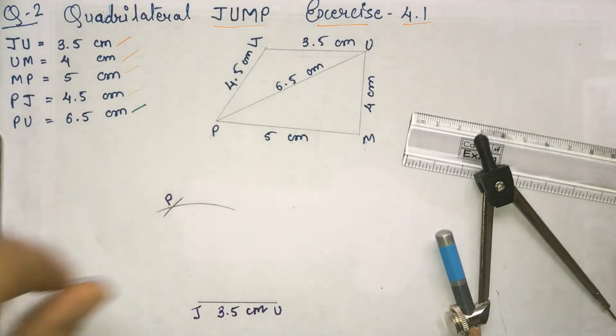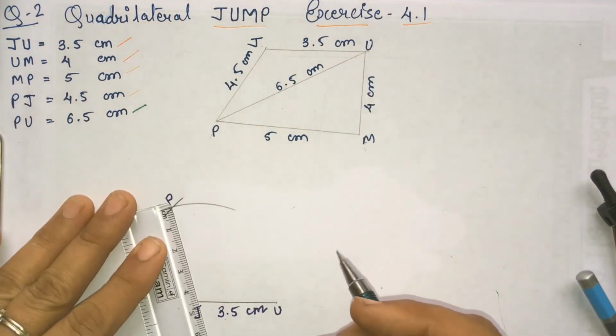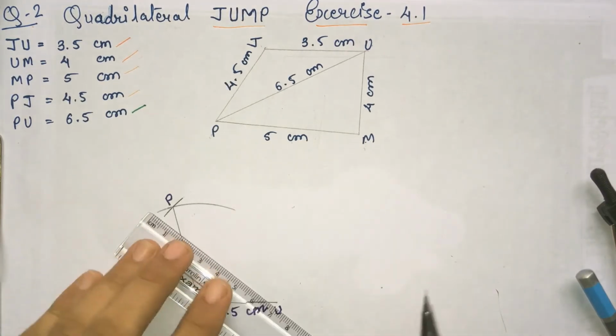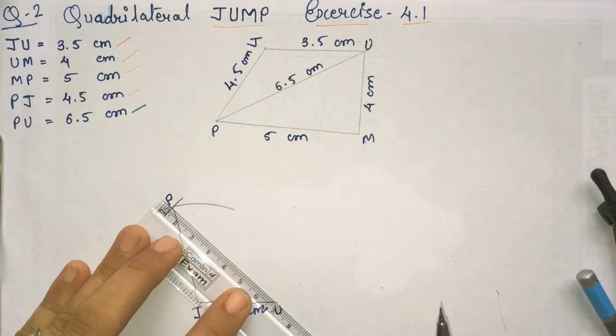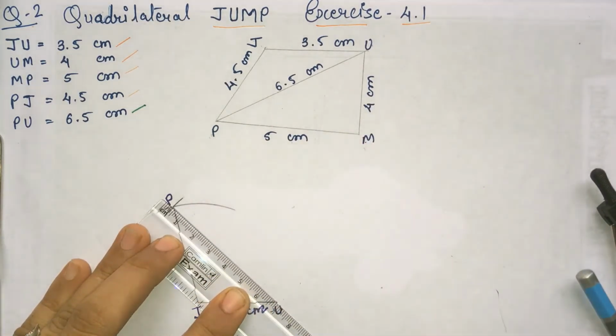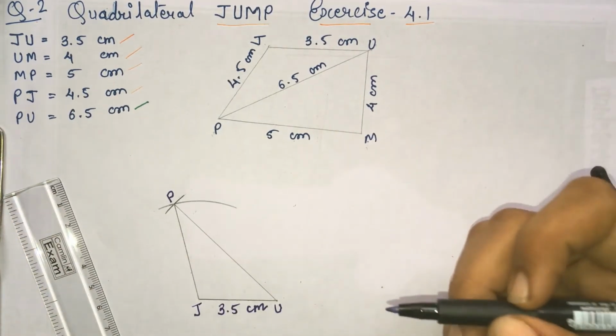So now we will draw line segment JP and UP, and we will also write the measurements again.